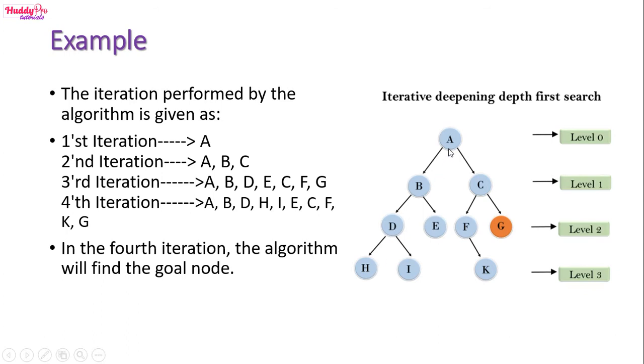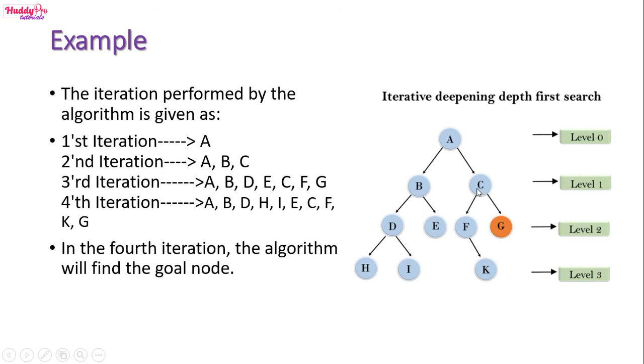Since it's depth first, that means it will have to first reach H before it starts to go breadth wise. So you have A, B, D, H, then now breadth wise I, E, C, R, F, then K, and G.